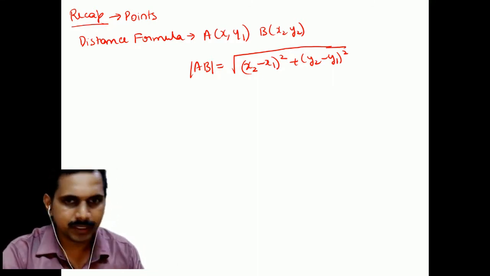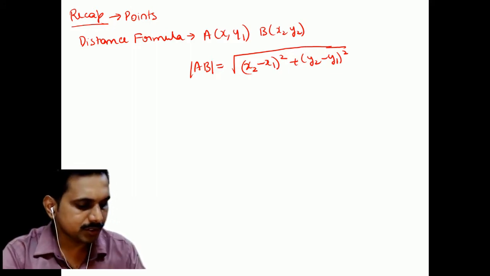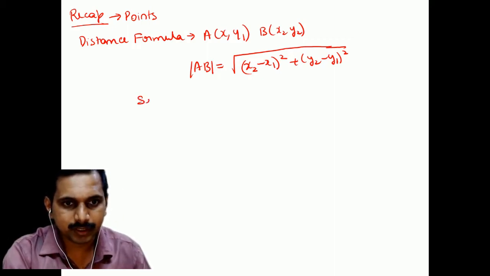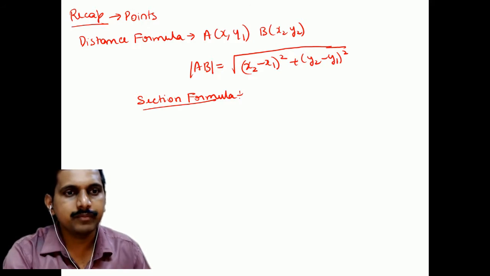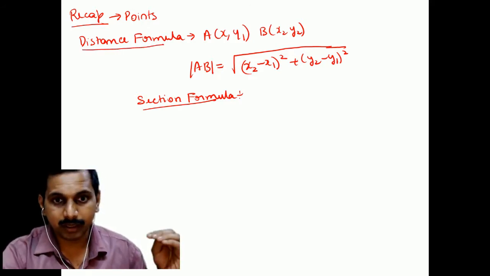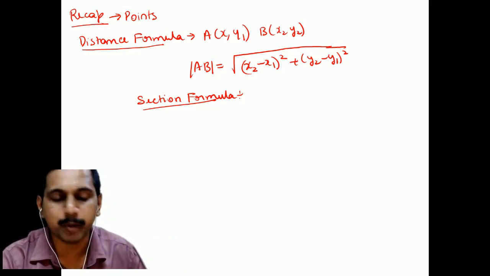Simple. Next, another very important thing we saw was the section formula. We said where it is used, is it not? In thermodynamics, when we have to see the dryness fraction, this section formula becomes very important.